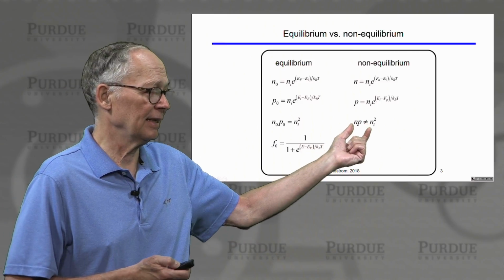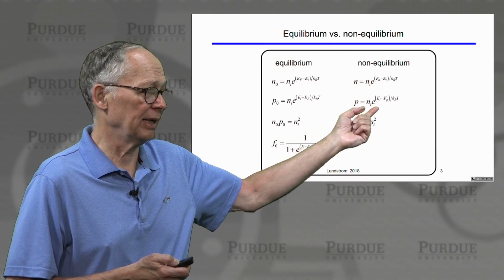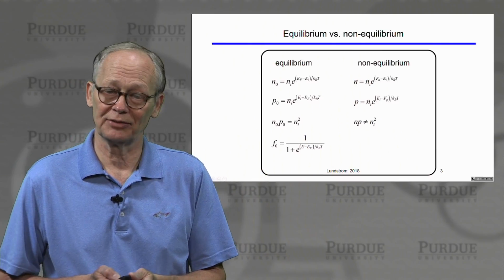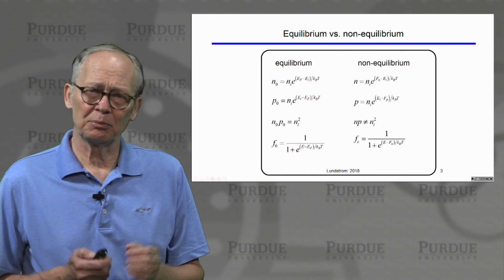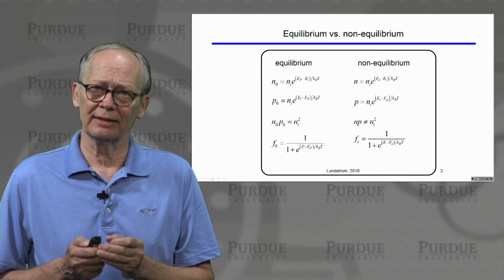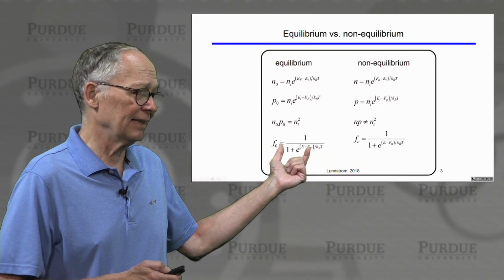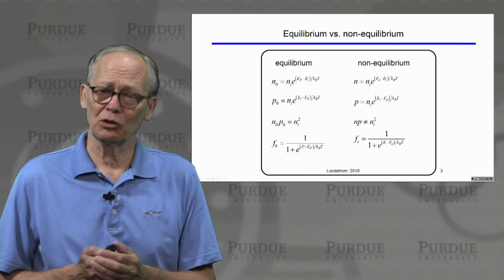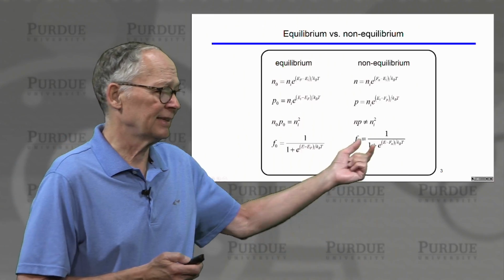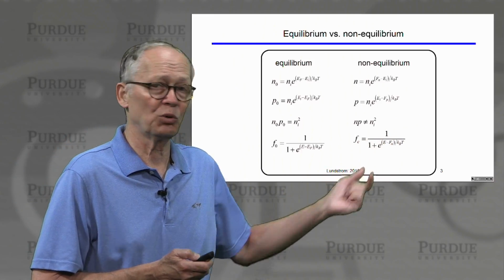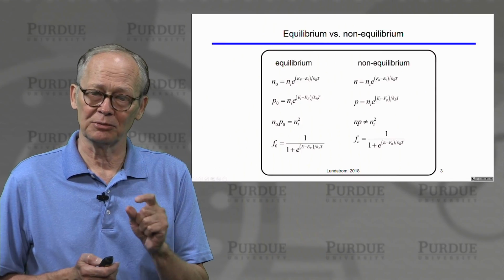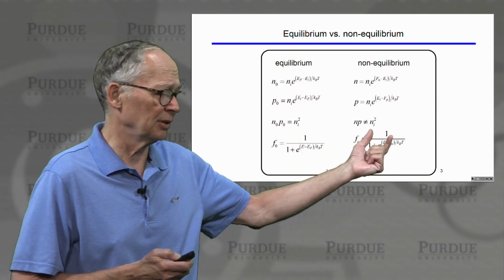What is NP out of equilibrium? Just multiply these two expressions together. You can see it depends on the quasi-Fermi levels. And finally, the probability that a state in the conduction band is occupied is not given by the Fermi function out of equilibrium. It's given by something that looks like a Fermi function, but instead of the Fermi energy, we have this quasi-Fermi level that describes the occupation of the conduction band, so the electron quasi-Fermi level.